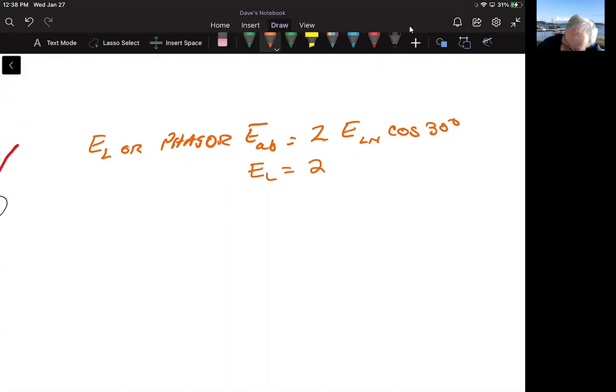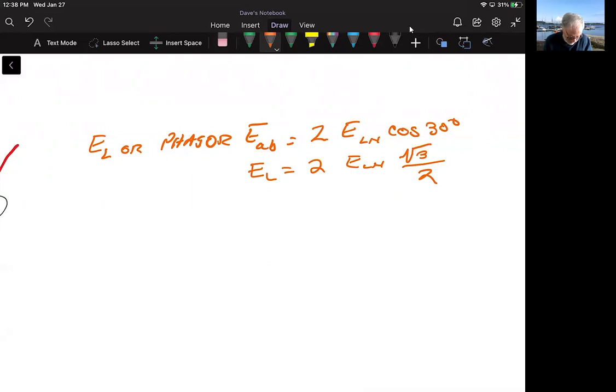An identity that we could use is that the cosine of 30 degrees is equal to the square root of 3 divided by 2.